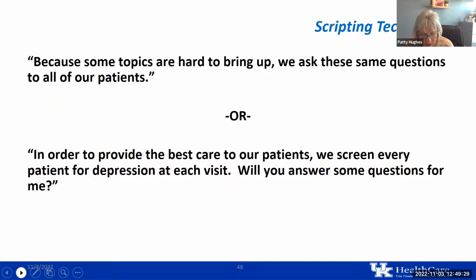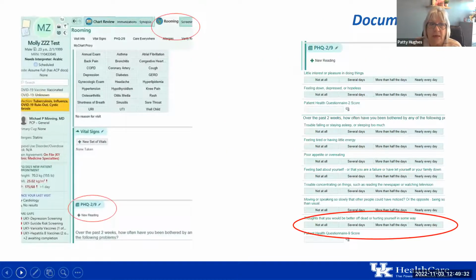Next slide. As Mark said, ensuring that we document is important, but in the ambulatory care environment, it's better for us to have a cascaded process of asking questions. We initially ask the PHQ-2, a couple of questions, and then we ask the ninth question.